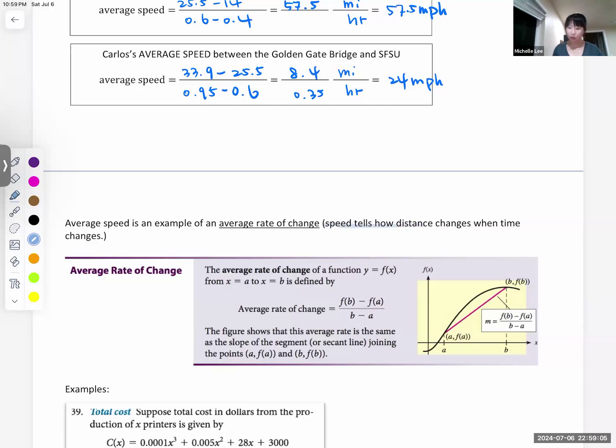Speed tells us how distance changes when time changes. Yeah, that is average rate of change. Okay, now from the previous example, we can derive the formula, which is average rate of change.